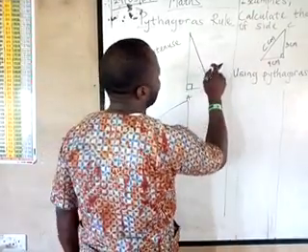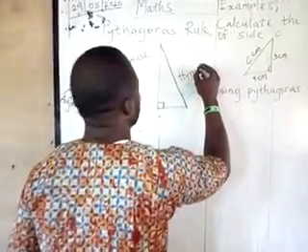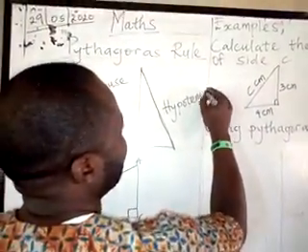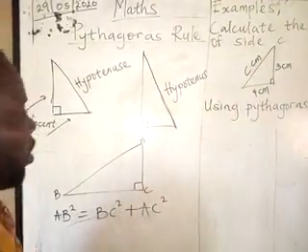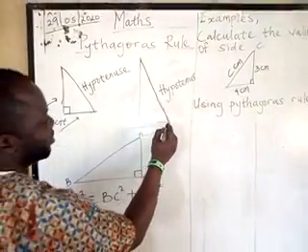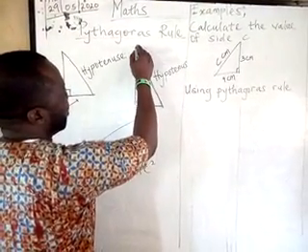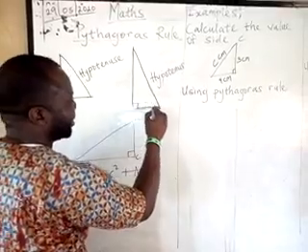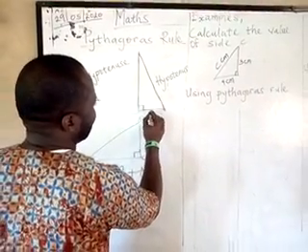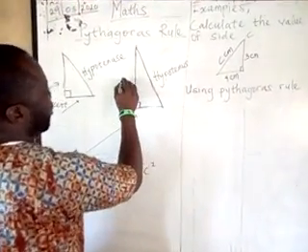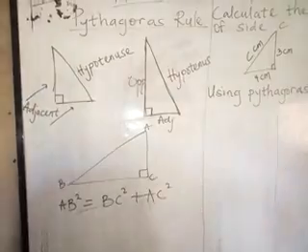So this line is referred to as the hypotenuse, while these sides are referred to as opposite, or what you call adjacent. Are you getting it now? While this is referred to as the adjacent, I call this the opposite. Are you getting the logic now?